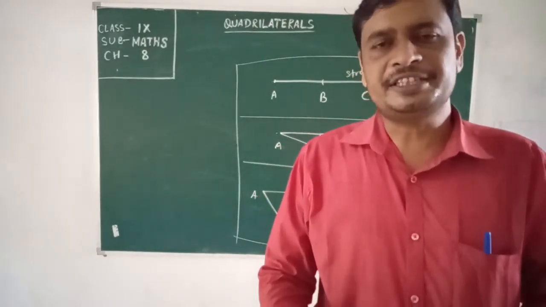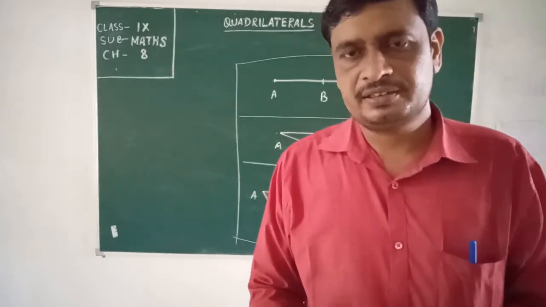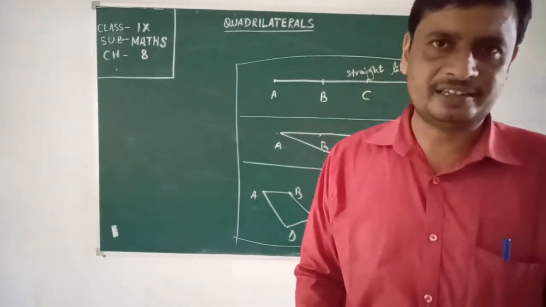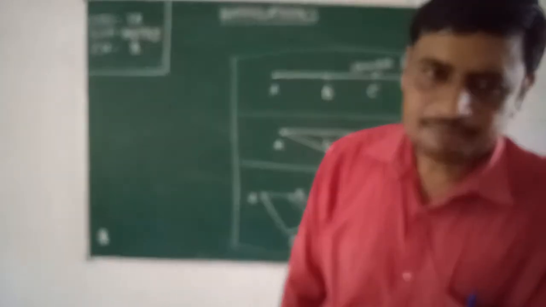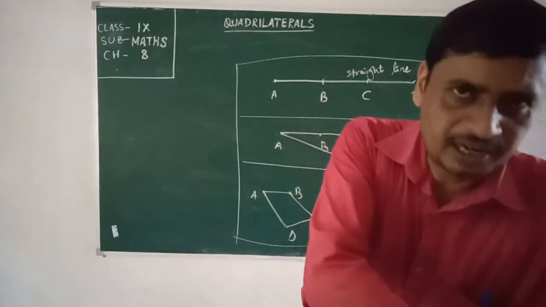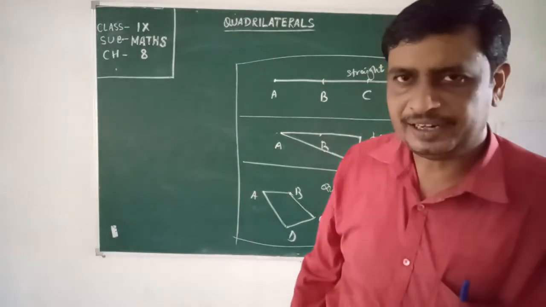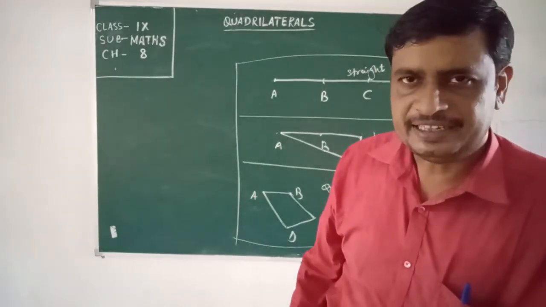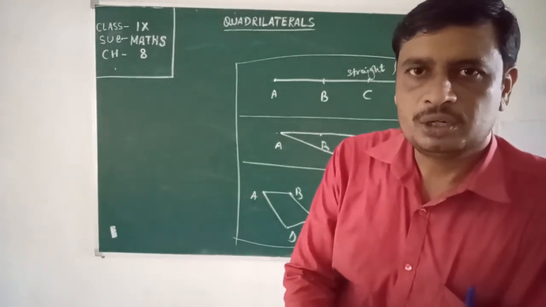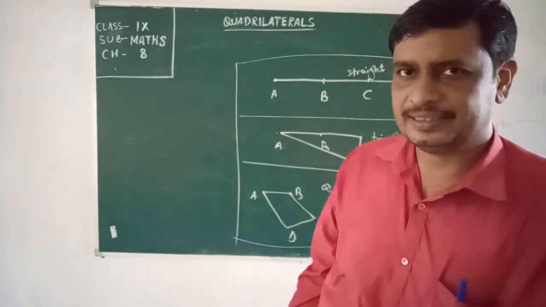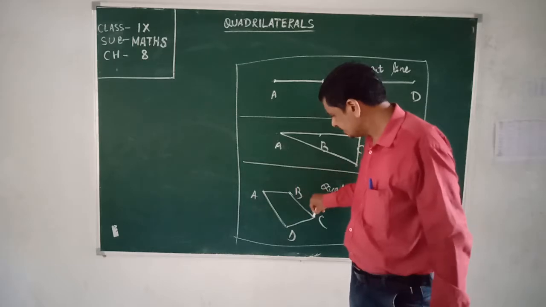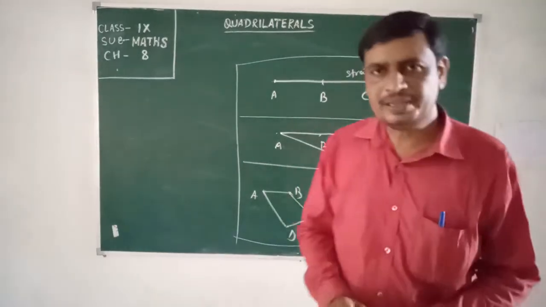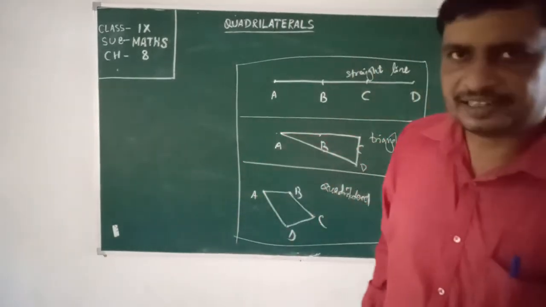That is called quadrilateral. So what is the angle sum property of quadrilateral? How to know? If we join any two vertices, A, B, C, D, all are said to be vertices of the quadrilateral.